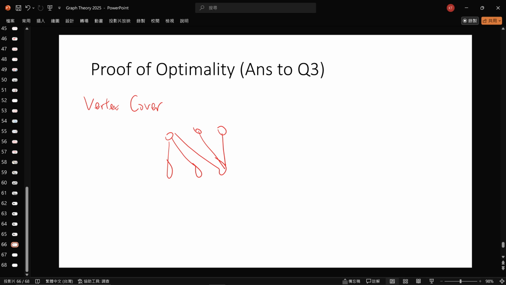And in this vertex cover problem, instead of finding edges, because in the problem of maximum matching, we want to find edges, okay? We want to have the most edges, okay? Without sharing any endpoints. But for vertex cover problem, we want to find vertices, okay? And we want to find vertices that can cover all the edges, okay?